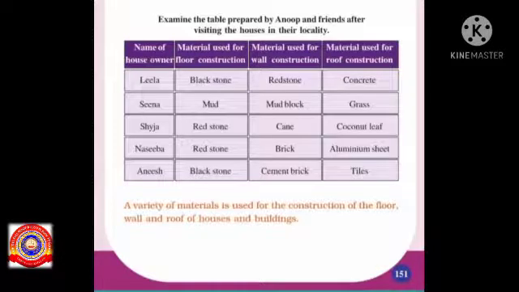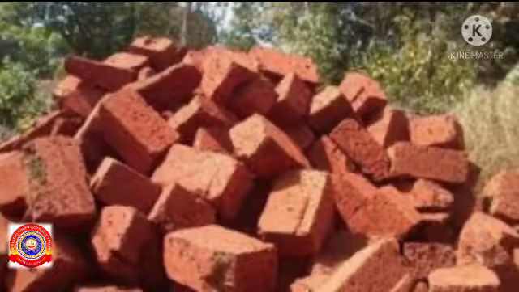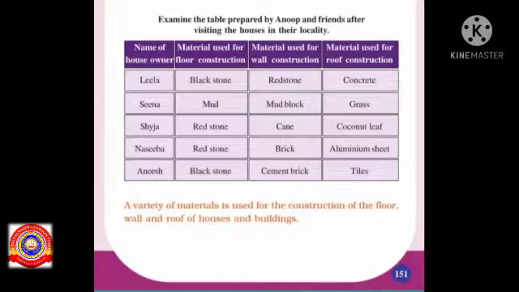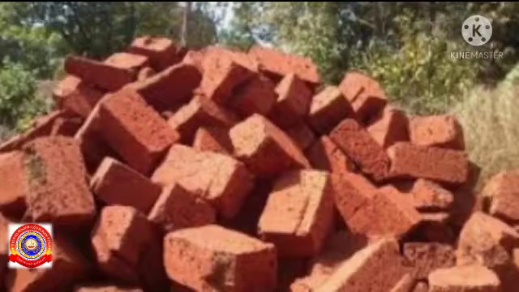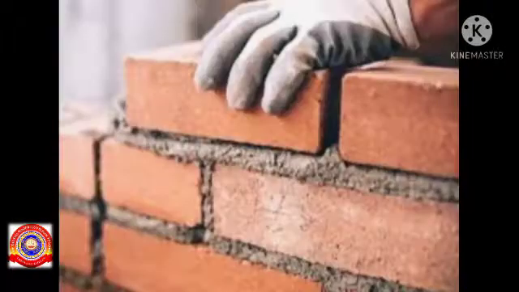And for the construction of floor, we use materials like black stone, mud and red stone. And for the construction of wall, we use materials like red stone, mud block, cane, brick and cement brick.